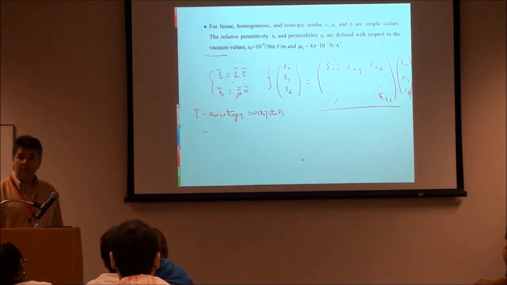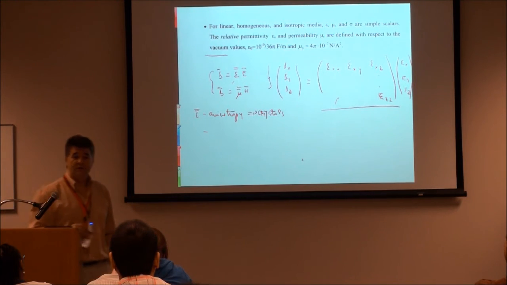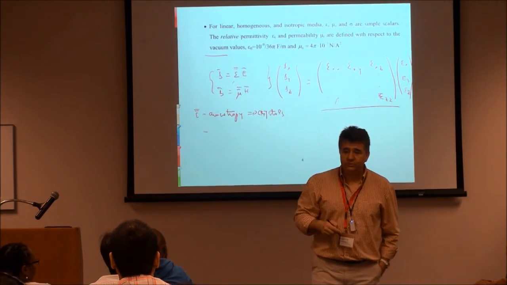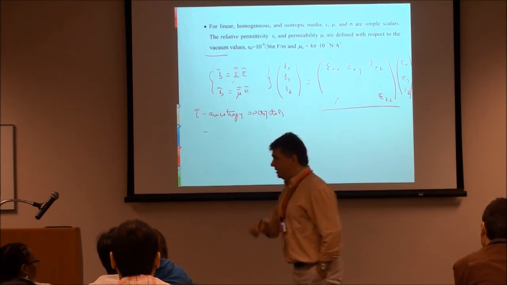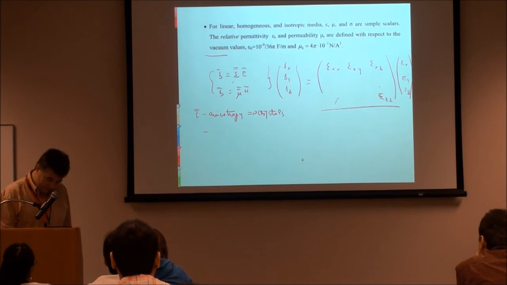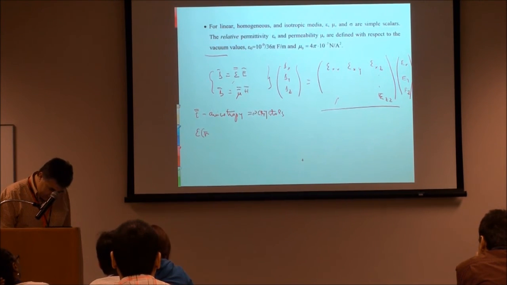Can we have anisotropy in a homogeneous environment? Anisotropy and inhomogeneous? Inhomogeneous, yes, the answer is yes. That's a mess, but yes. So the other thing is epsilon as a function of r.